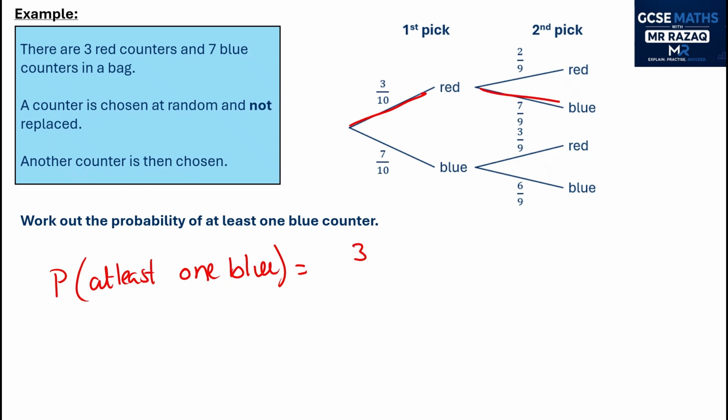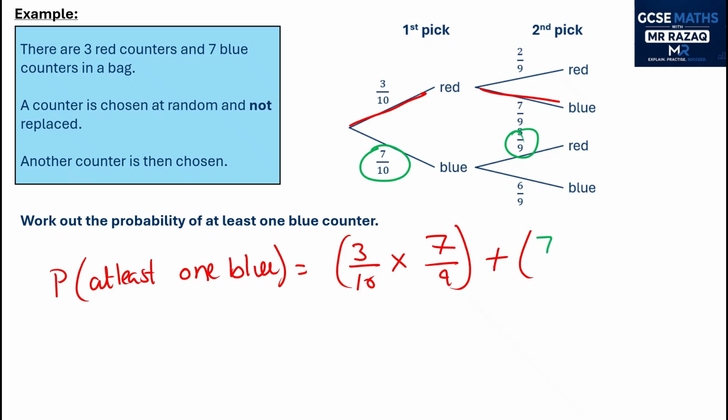So that would be 3 out of 10 multiplied by 7 over 9. And another scenario is, what if it was blue first, then it must be a red. So it would be 7 over 10 times 3 over 9.